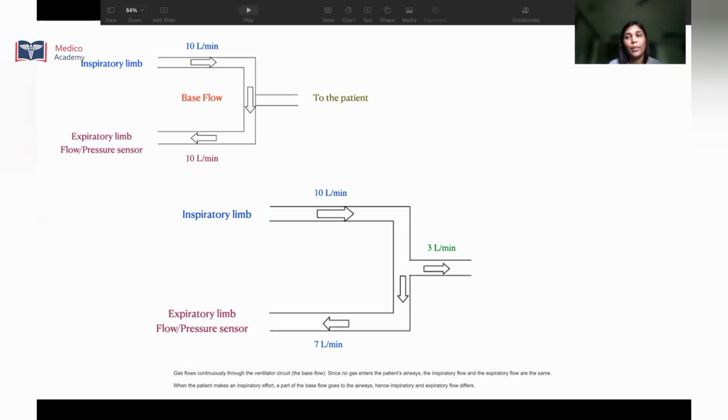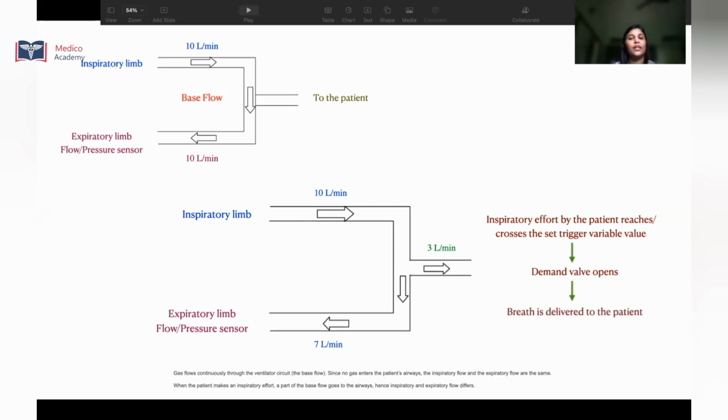The initial base flow was 10 liters per minute, which was returning to the sensor. But now, since the patient has started making an effort, it senses a drop in the base flow. When the inspiratory effort reaches the value of the trigger variable that you have set, the demand valve opens and a breath is delivered to the patient.